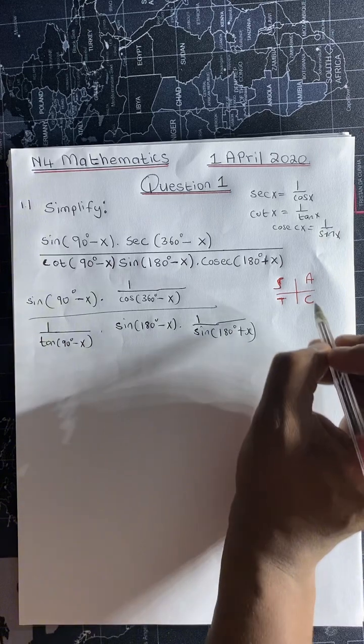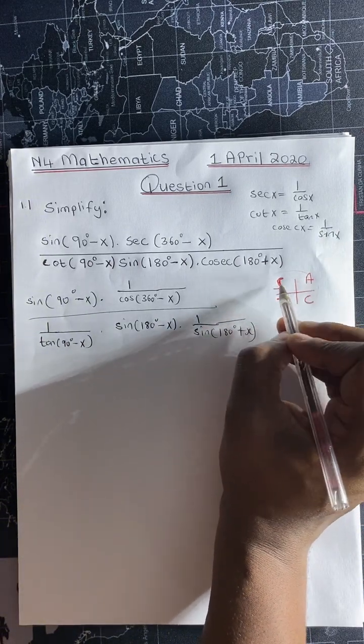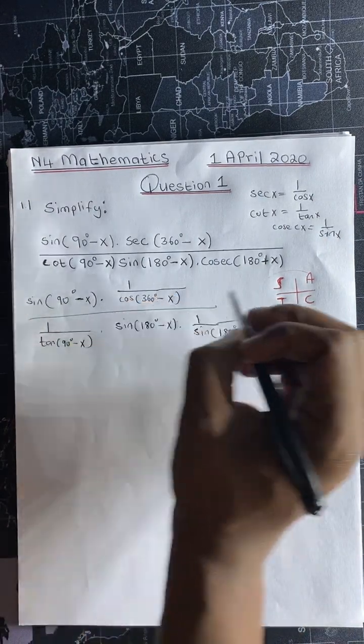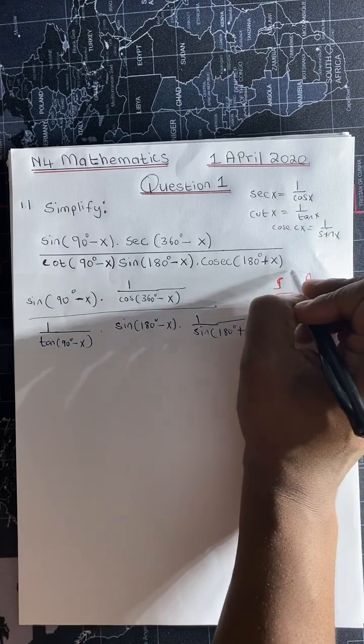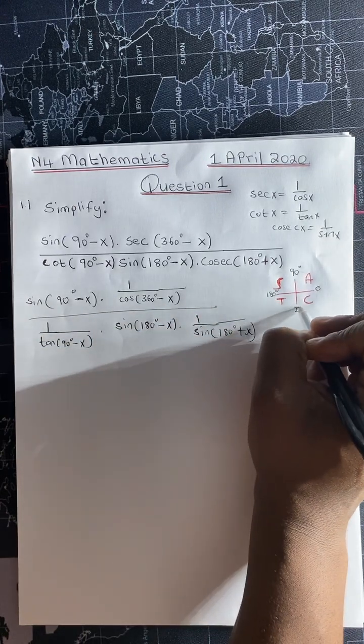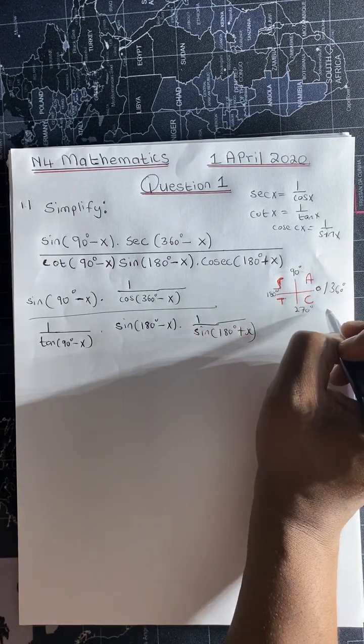If you want to remember this, you can remember it as the CAST diagram, or All Students Take Coffee. So we have 0 degrees here, 90 degrees, 180 degrees, 270 degrees, and 360 alongside the 0 degrees.